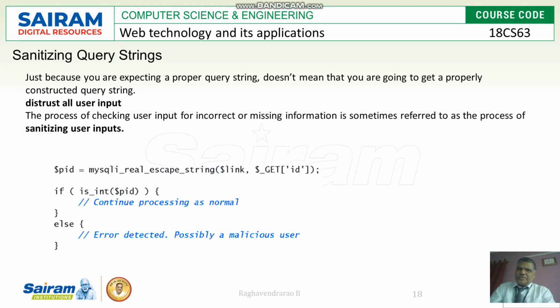If it is present, you continue with that. If not, an error is displayed, because the query string must contain the value. If it does not, the process cannot be executed. For that purpose, sanitizing the query string is used to display any errors that occur.